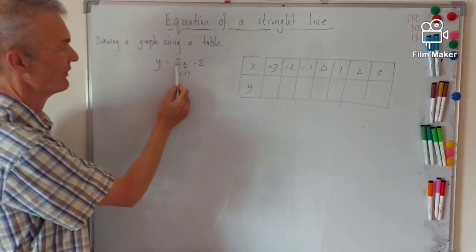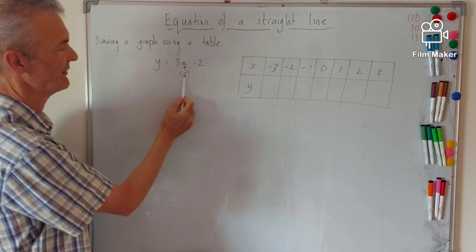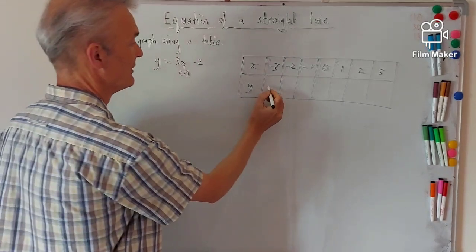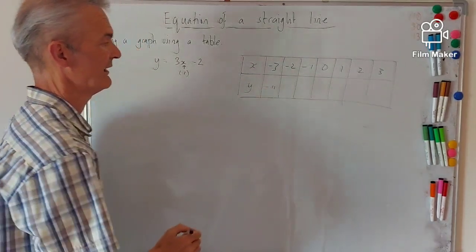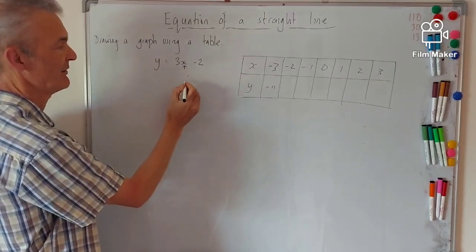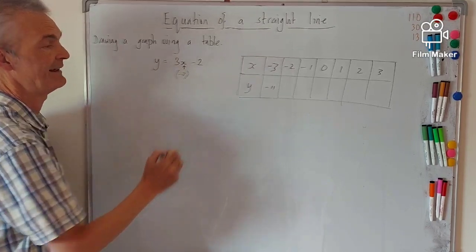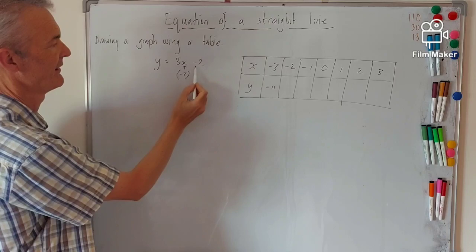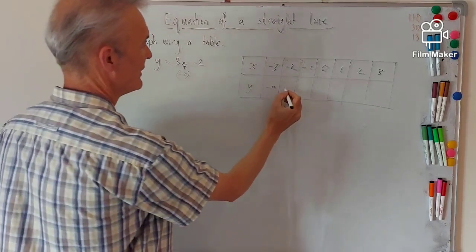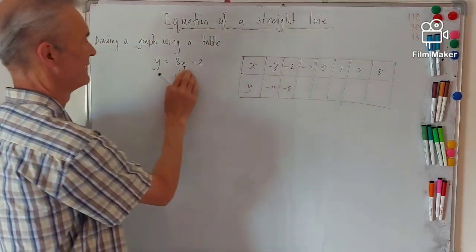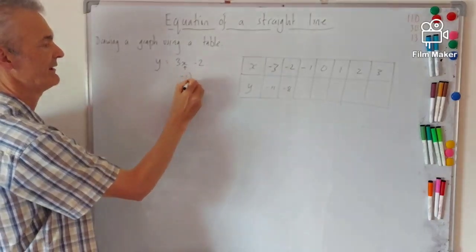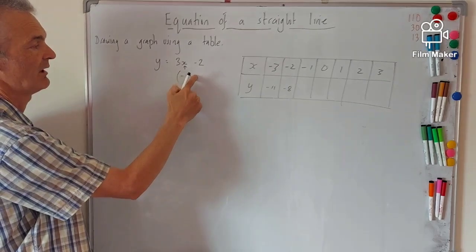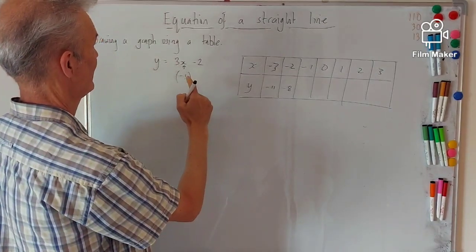If I do that, I've got 3 times -3, which is -9. Take 2, gives me -11 in there. Then I'm going to put -2 in next. 3 times -2 is -6. Take 2 is -8. Then I'm going to put -1 in there. 3 times -1 is -3. Take 2 is -5.